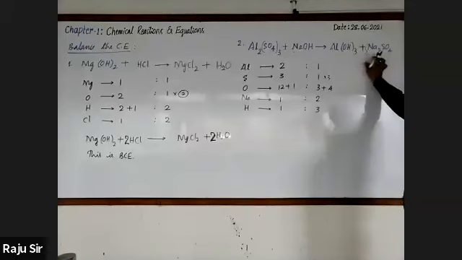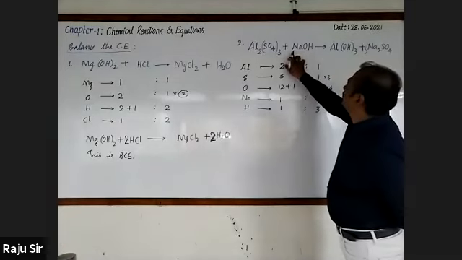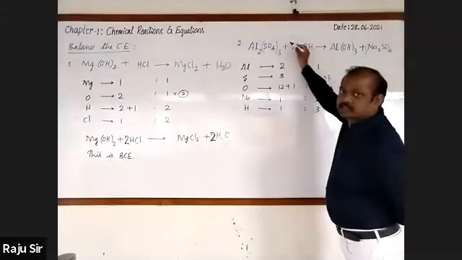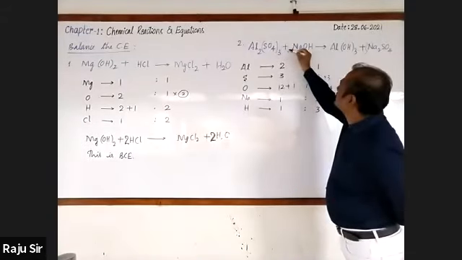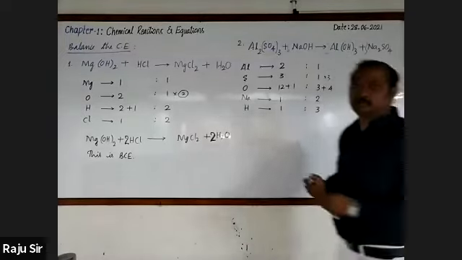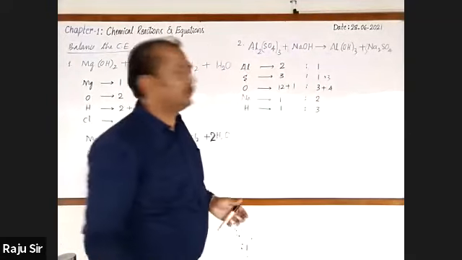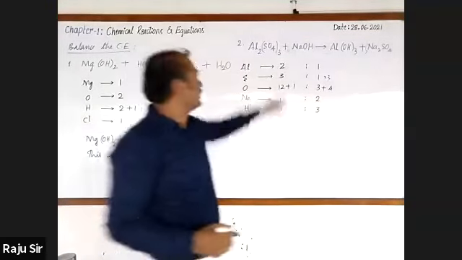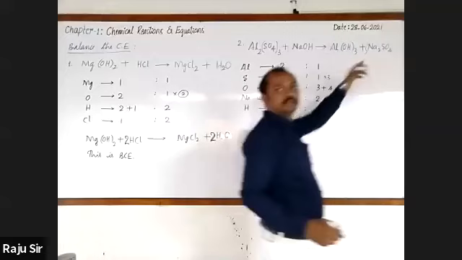Sodium, 3 twos are 6. Here is only 1. Can we write 6? Yes, 6. Then hydrogen, here 6, here is 3. We can write 2. Answer, there you go: 6, 2 and 3.